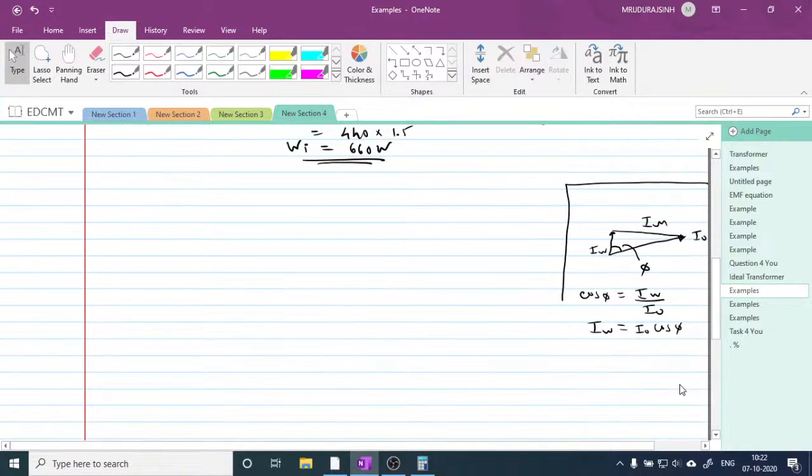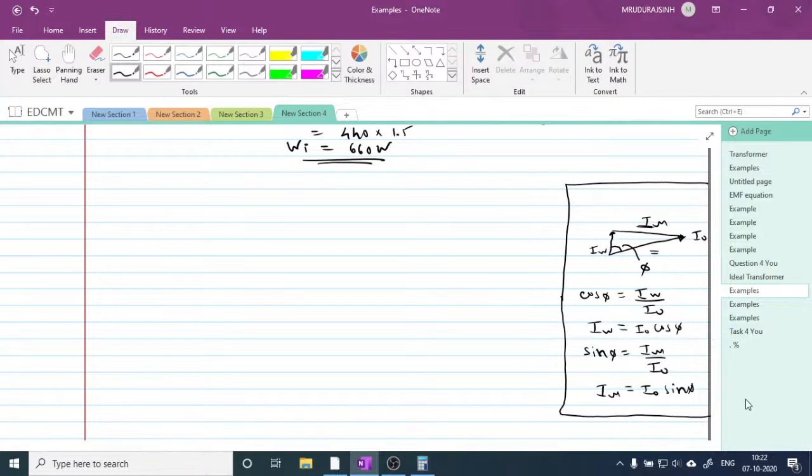And if you want to write for sin phi, sin phi is equal to I mu divided by I0. So you can write I mu is I0 into sin phi. So this is simple trigonometry.